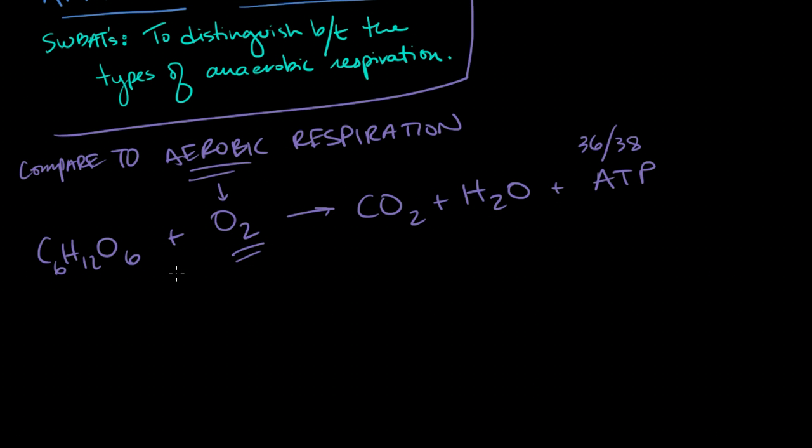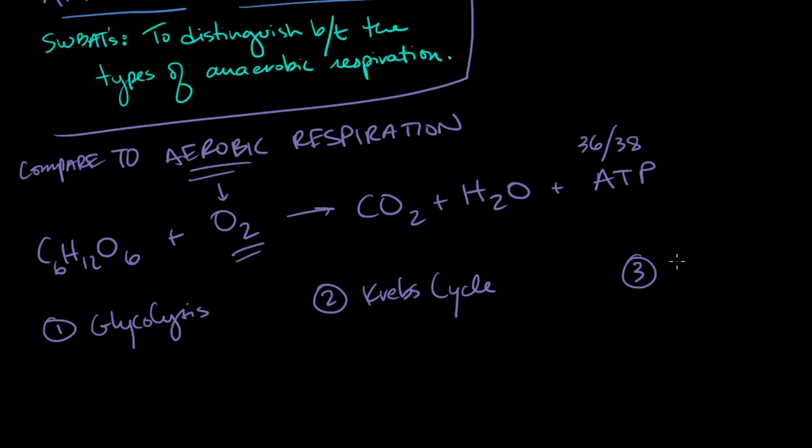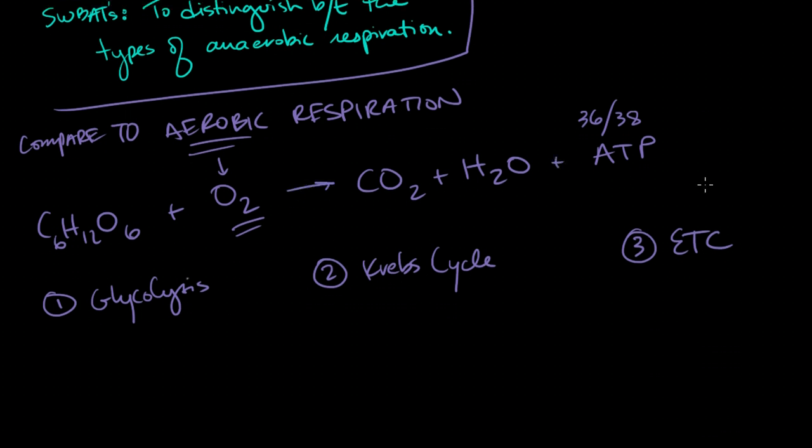And then the other thing is that this breaks down into 3 steps. Aerobic cellular respiration has 3 components. The first is called glycolysis. The second is the Krebs cycle. And the third is the electron transport chain. Remember that these are our inputs.